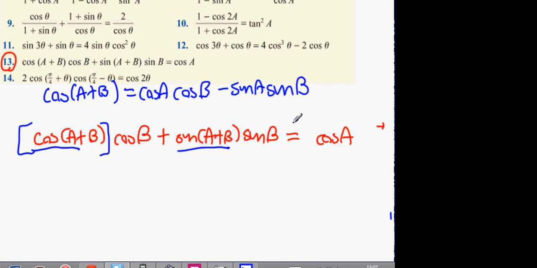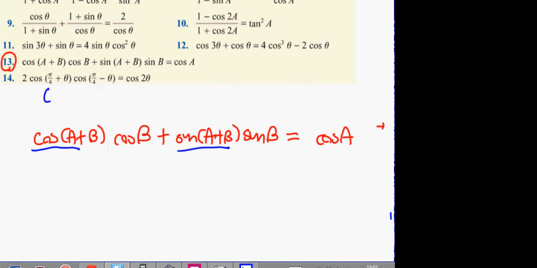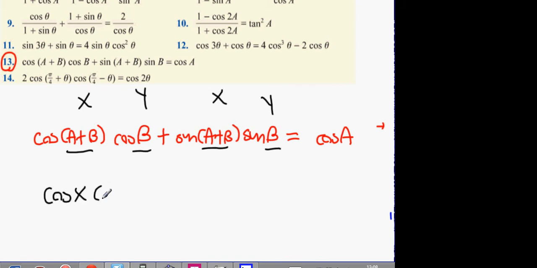Now let's think of something else. Let's think another way about this. Look at this. What happens if I was to do something like this? Call that one X, call that one Y, call that one X, call that one Y. The equation simplifies to cos X, cos Y, plus sin X, sin Y. Is there any equation that does that in your notes?